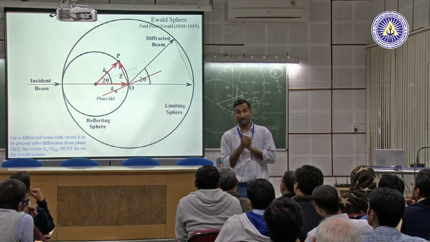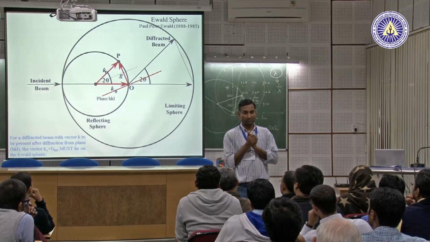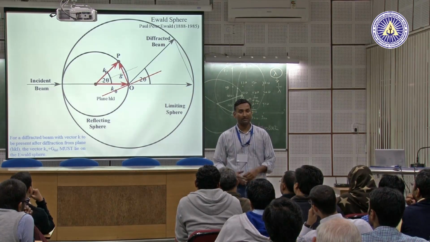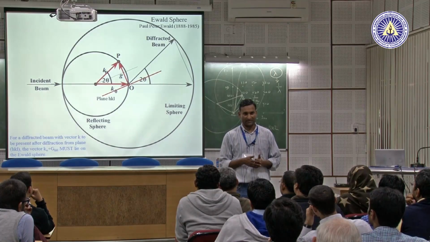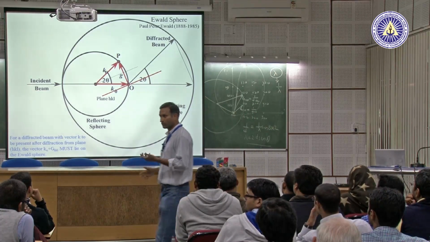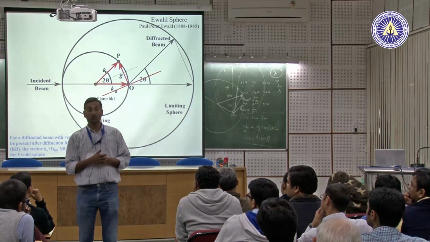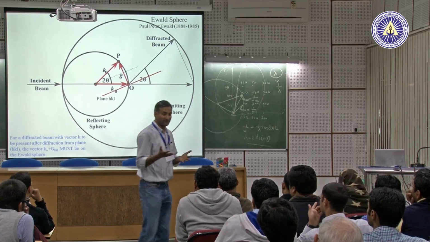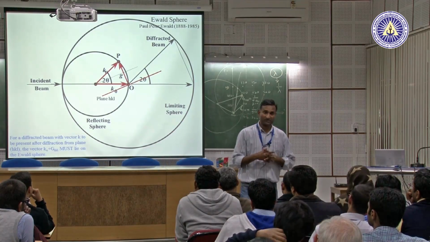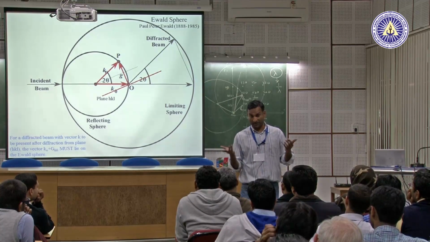What is the other way of doing it if you want to collect many more points? Either you rotate the beam or you rotate the sample. Or lambda different: you choose multiple lambdas. For most X-ray diffraction purposes, we choose a fixed wavelength, which is copper K alpha.